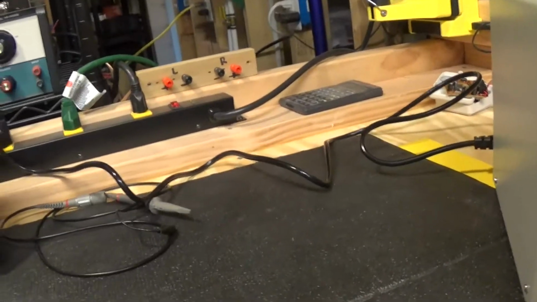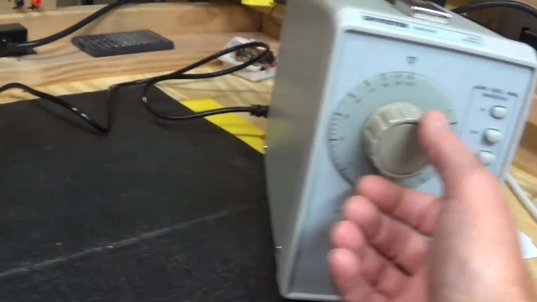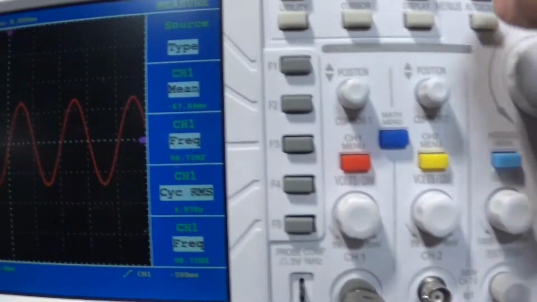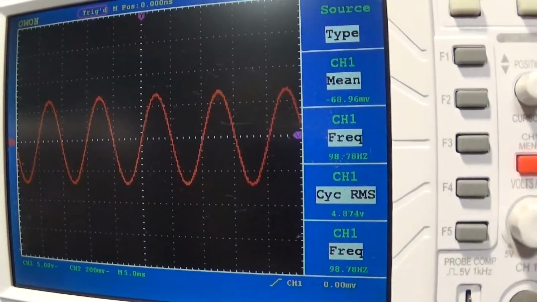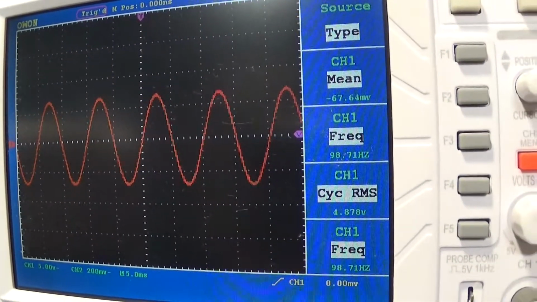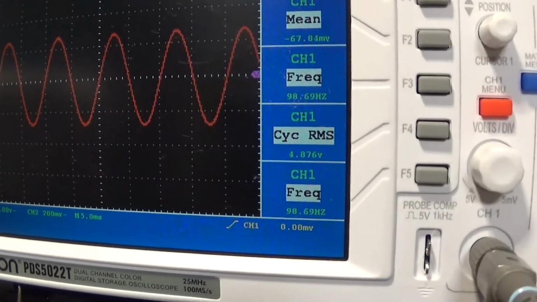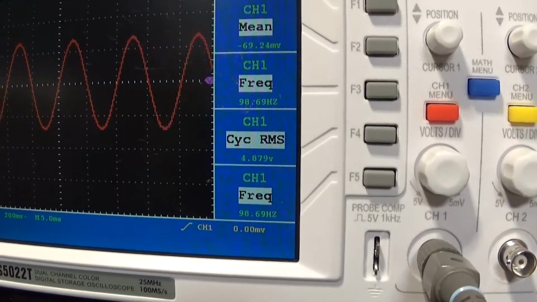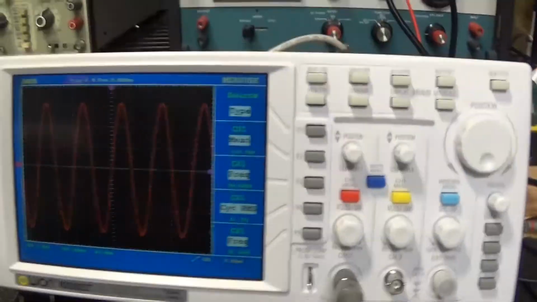Should be at ×1. It's 100 hertz. And my scope doesn't want to measure. The scope has been upsetting me lately. I'm pushing auto set. And hang on a sec. Okay, I just had to tinker with the scope a little bit.